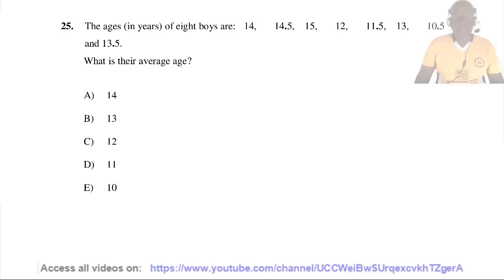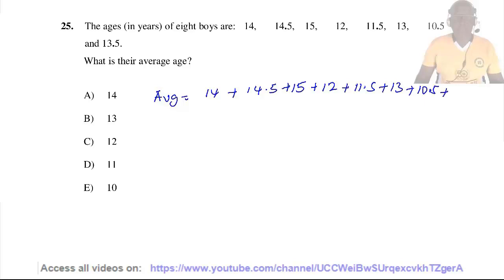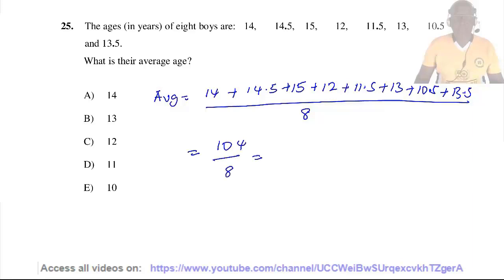The average age is going to be equal to 14 plus 14.5 plus 15 plus 12 plus 11.5 plus 13 plus 10.5 plus 13.5 divided by the number of boys. They are 8 in number, so the numerator adds up to 104 divided by 8, and this equals 13. So the answer is B.